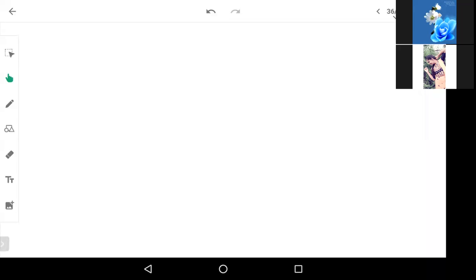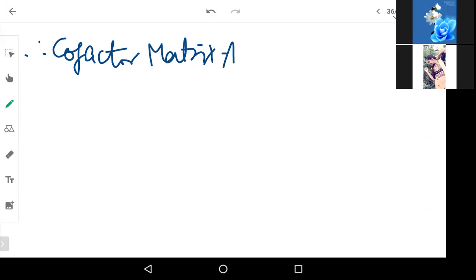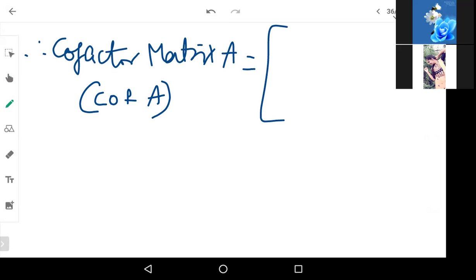So, cofactor matrix A, how do you denote it? Cof A. Cofactor matrix A is equal to whatever you have got from the start. The first number was 27, then minus 24, then minus 20, then 9, then minus 8, then minus 11, minus 13, plus 13 and plus 13.